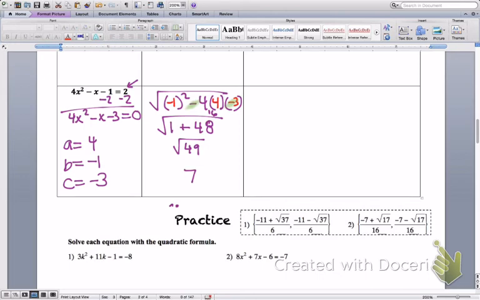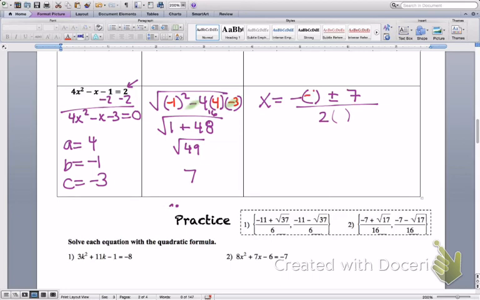Perfect square. All right, then I move on to the quadratic formula itself. So again, x is equal to negative b plus or minus the square root, all over 2 times a. I've already done the square root part. This is a 7 here. I'm going to go ahead and plug in my negative of b. My b value is negative 1.